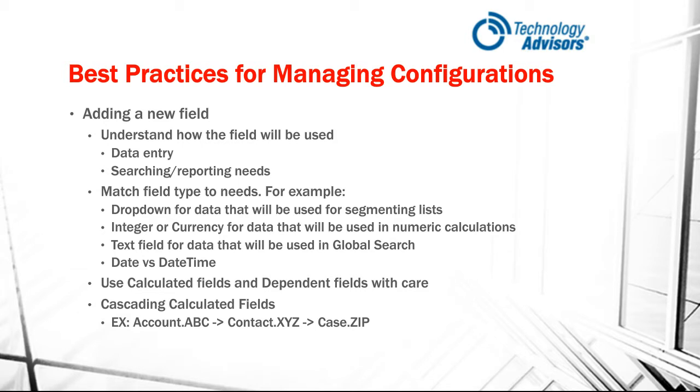You really are going 3 levels there. And at that point, if you edit the account, it has to cascade all of those changes down to the related contacts, which then have to cascade down to all of the related cases. And you can quickly exponentially grow that calculation and cause performance issues or even cause that recalculation to fail. So do be careful when you have calculated fields based on calculated fields.